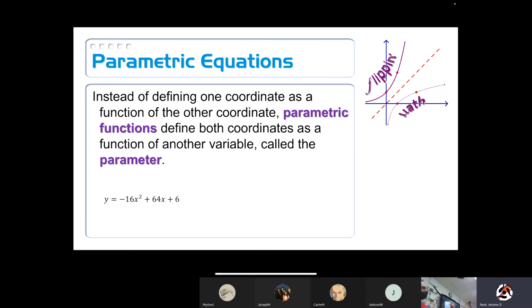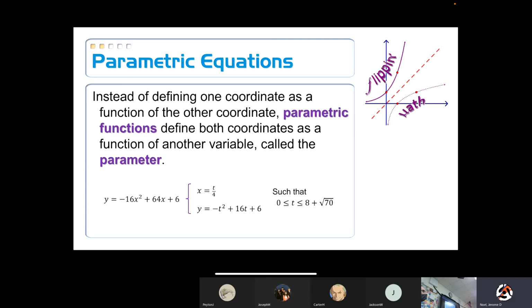Maybe I'm also measuring how the height changes with respect to time. And so here is an example of that. You can see that x now is a function of time, and then y is also a function of time, or a t, whatever this parameter is. What's the domain variable then?